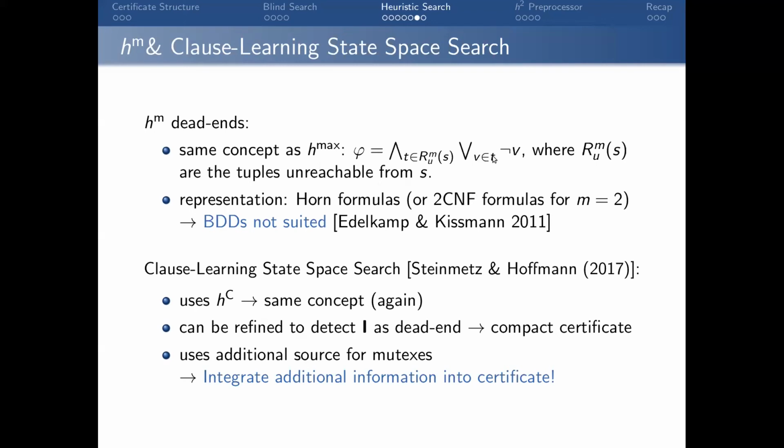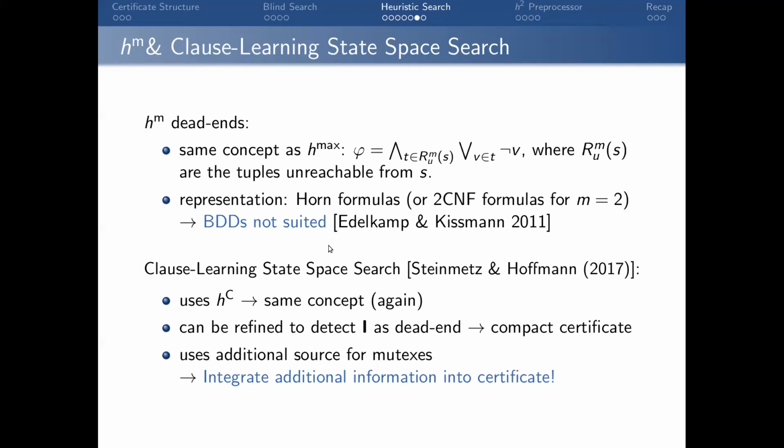And an important result is BDDs can no longer efficiently be used here in general. That is a result that Stefan Edelkamp and, I forgot the first name, Kissmann showed in their paper. By the way, all the papers that I reference are on the tutorial website, we have a bibliography slide, so there you can find all the information about these papers.